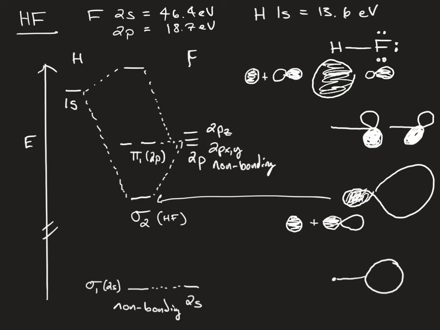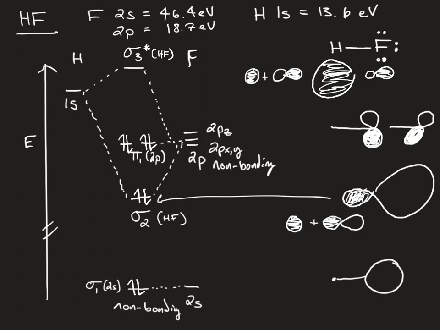Okay, so that's what the sigma 3 star from the HF is going to look like. Going through, filling in our electrons, we have 8 valence electrons we have to deal with. So we're going to be putting that here, here, here, and here.